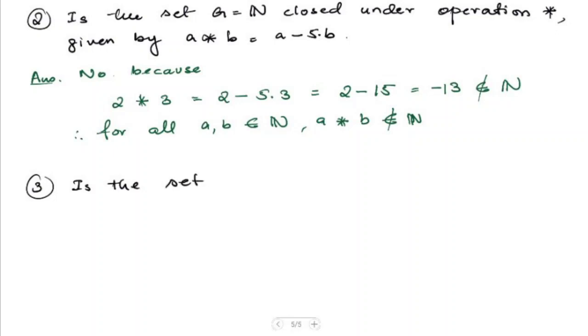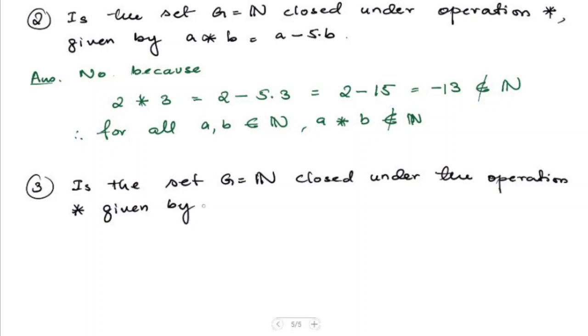So the set G, which are elements of the natural numbers, closed under the operation star given by A star B is equal to A divided by B.